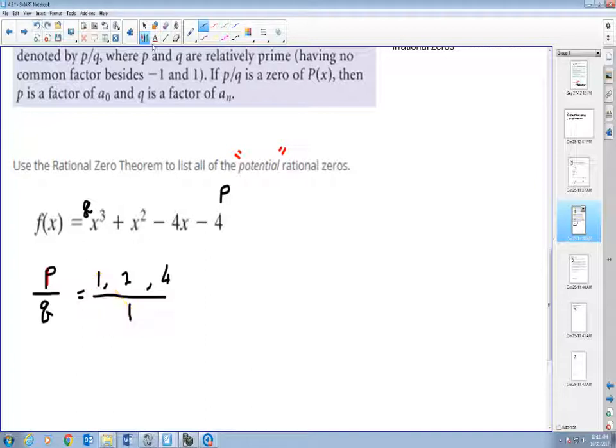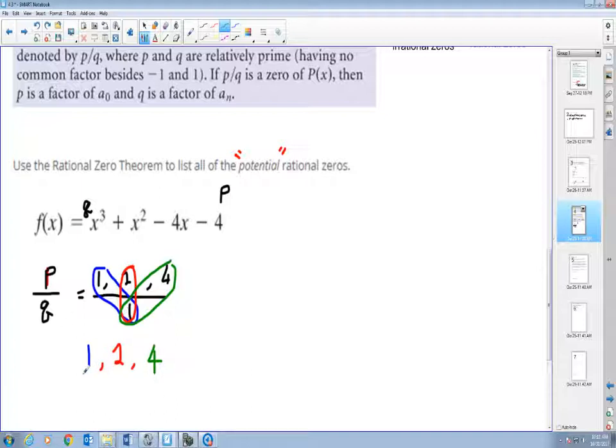Let me color code this. 1 over 1 is 1. 2 over 1 is 2. And then 4 over 1 is 4.